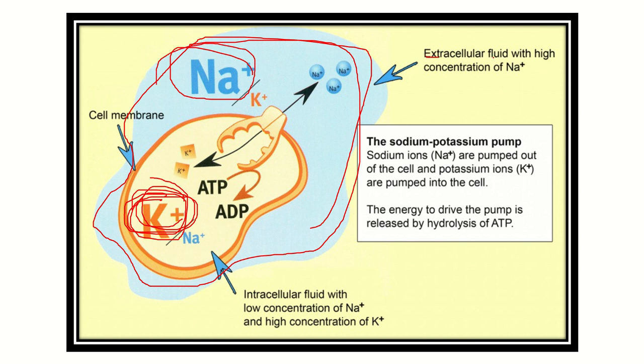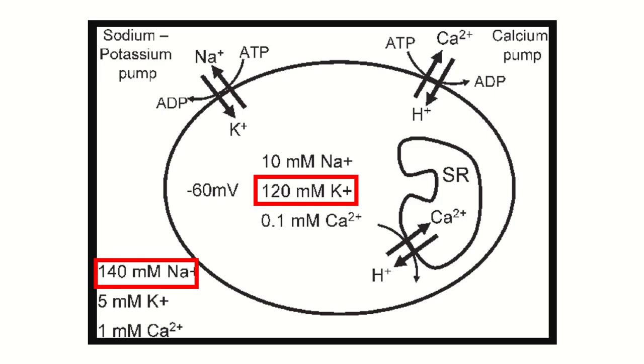So the extracellular fluid has a high content of sodium. On the other hand, the intracellular fluid has a high concentration of potassium. So this information is very important for us.